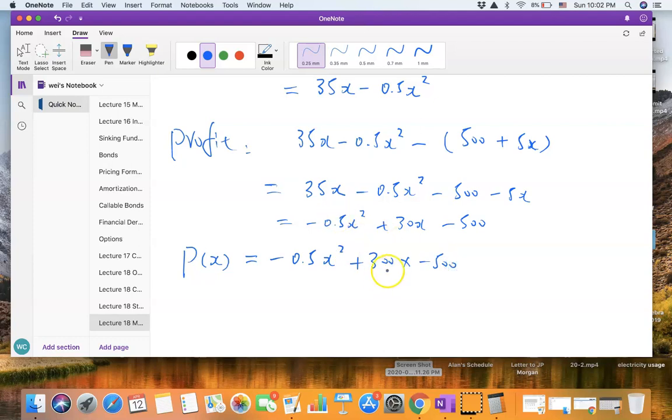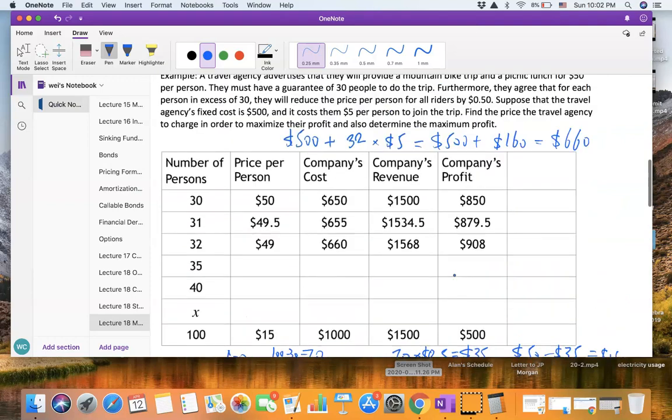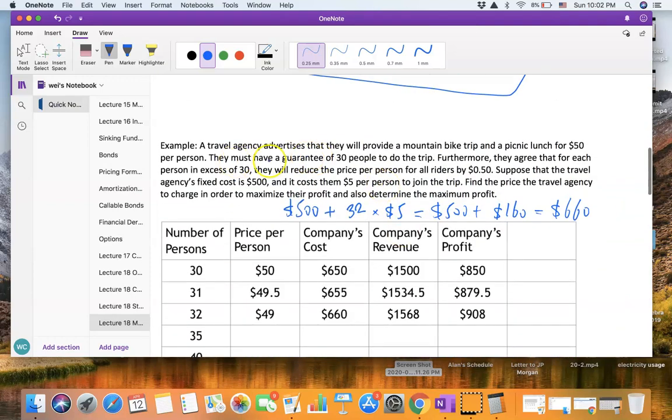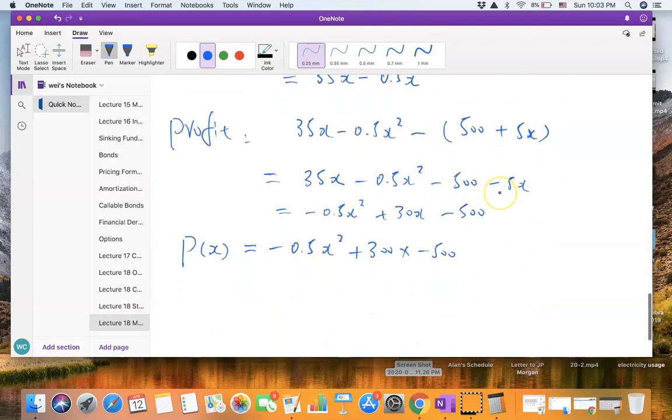Now next, we want to use calculus to determine the x such that this function has a maximum. Let's think about what the domain of this function is first. Because the problem says there must be a guarantee of 30 people to do the trip, x has to be at least 30.